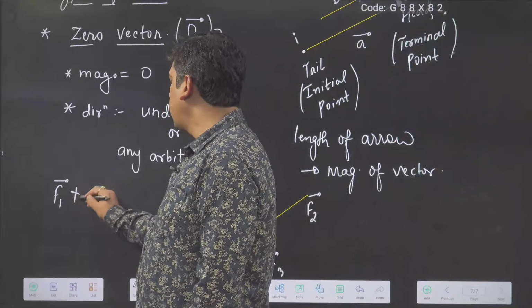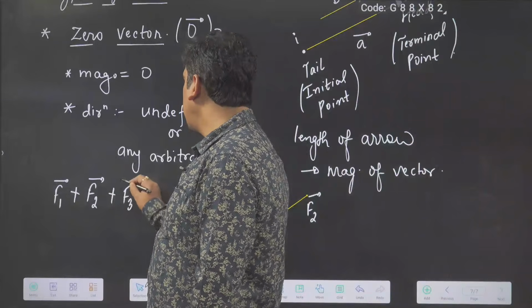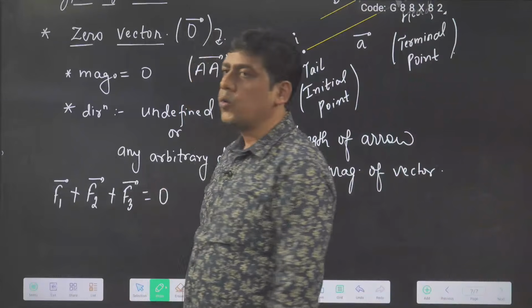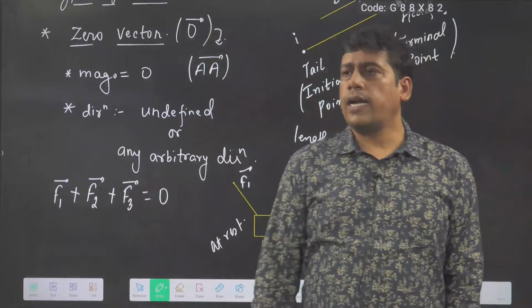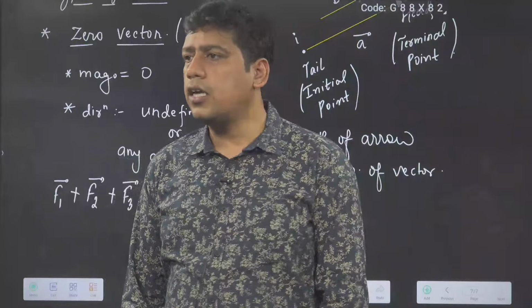So what will you write? You will write F1 vector plus F2 vector plus F3 vector is 0.